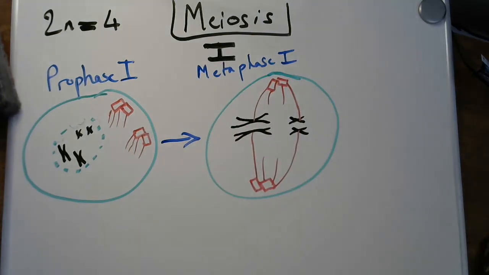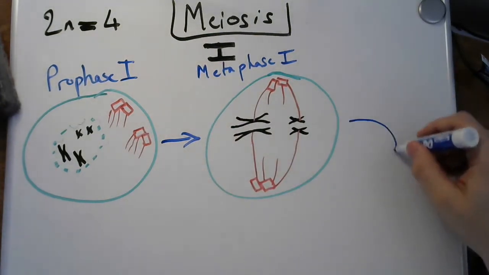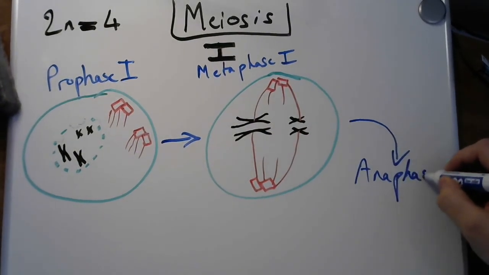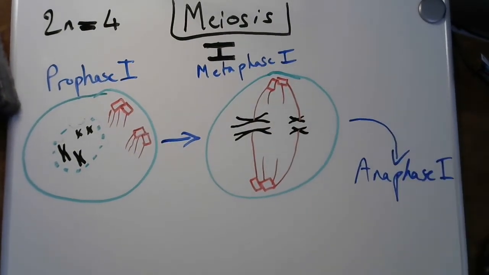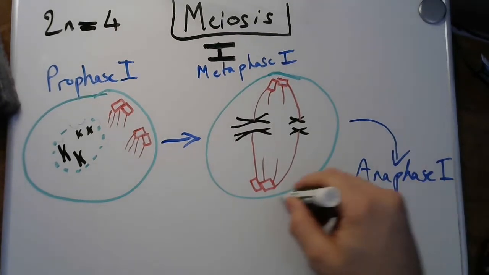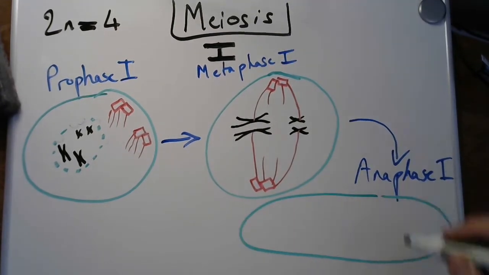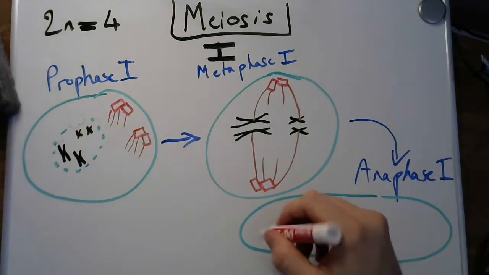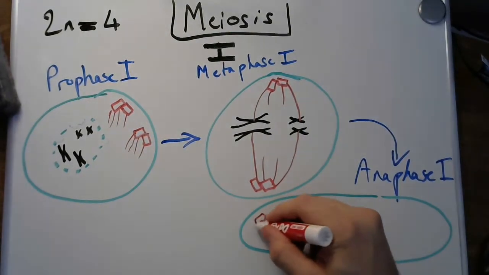That leads the way for the next step, anaphase 1. Anaphase 1 is the separation of the homologous chromosomes. Now your cell is elongated. Now I turned it around.